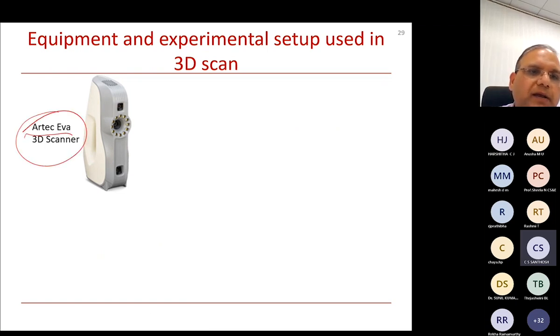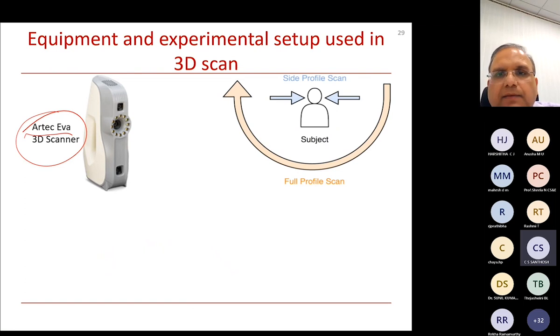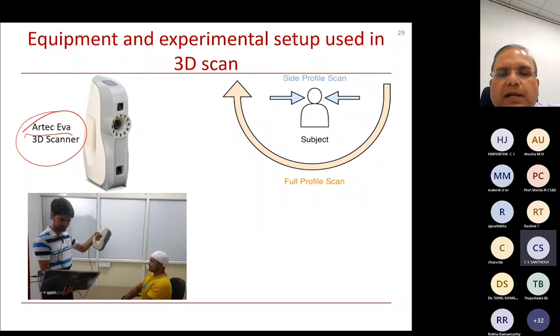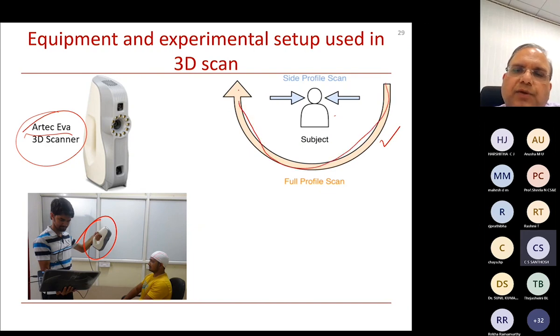It is called the Artec Eva 3D scanner. For collecting the 3D data, you have to take this sensor, this camera, and move all around the object. This is the procedure we used to capture the complete profile scan of the person. The person is sitting here, and the camera moves from here to capture all the possible poses.